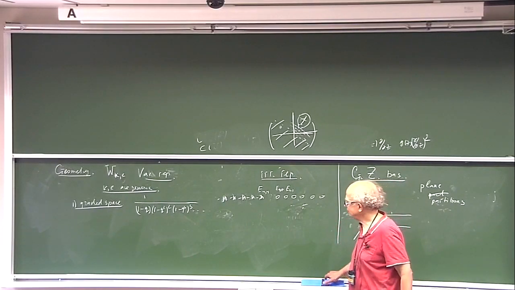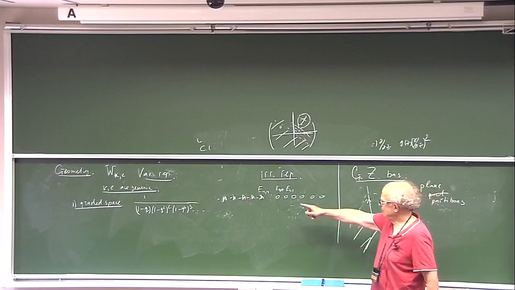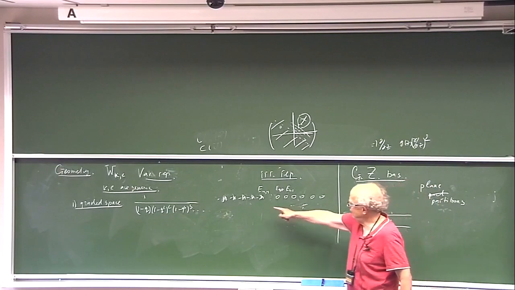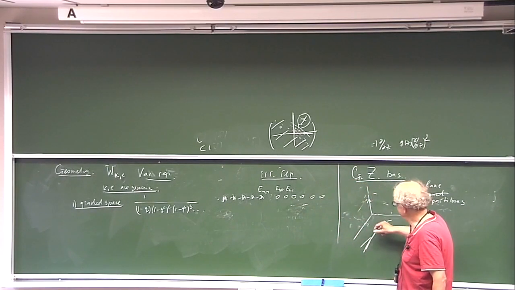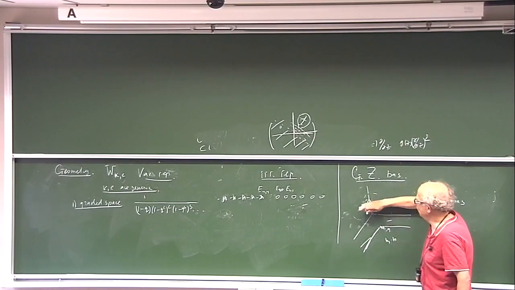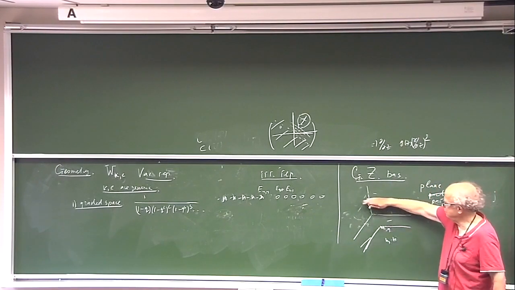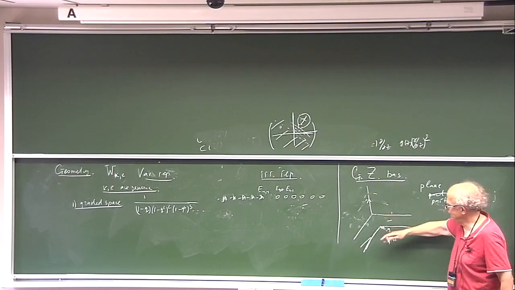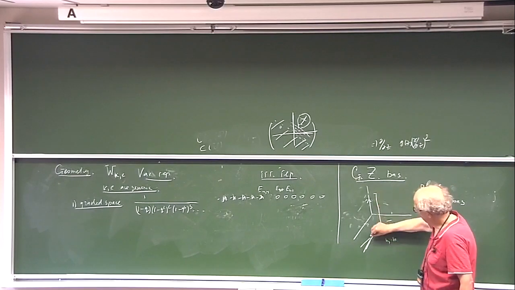Anyway, I want to say something which seems important: if n is negative, then the basis in this representation is given by plane partitions which do not contain the point n, n on the bottom. For positive n, plane partitions live in such a part of my corner; for negative n, they live in such a part.